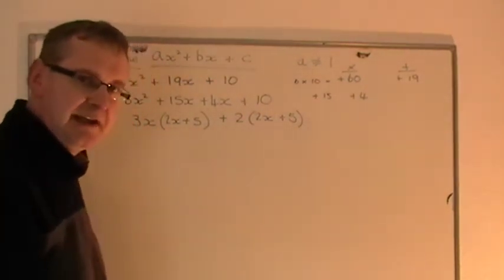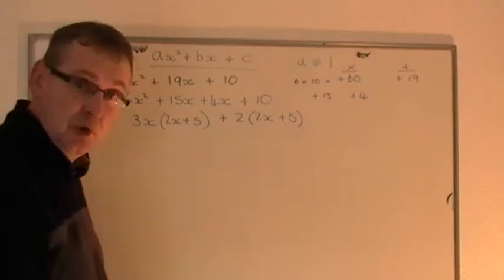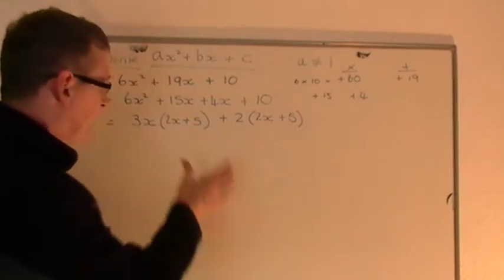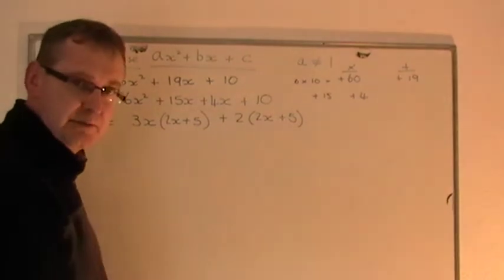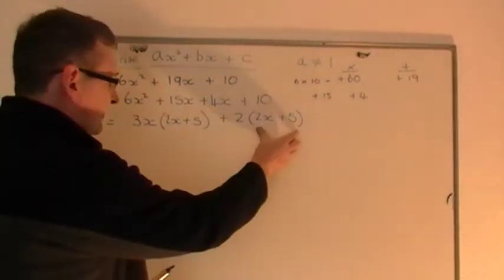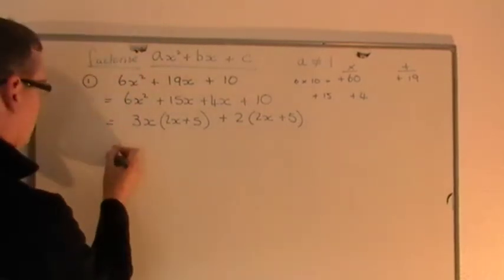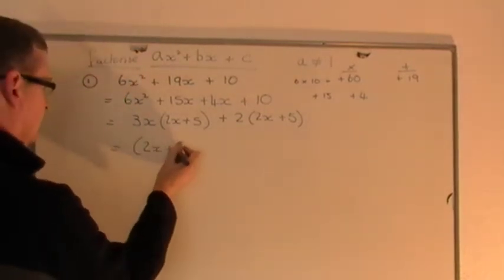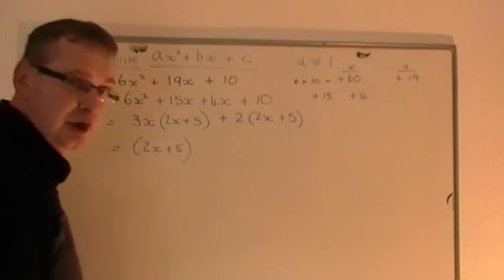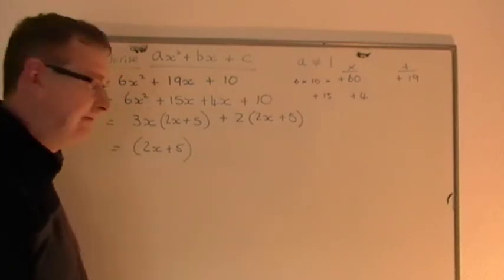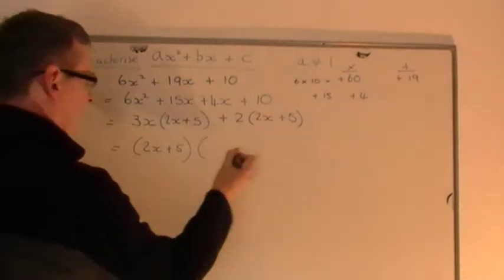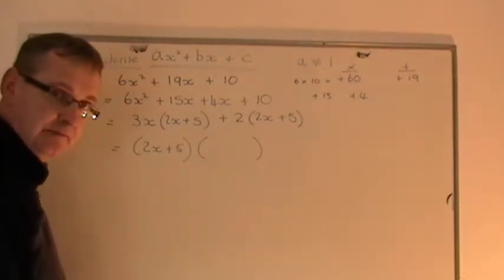So that bracket is now a new common factor for these two awkward terms. So the 2x plus 5 is itself a common factor. So I'm going to take out the 2x plus 5 as a new big common factor. And what's left will go inside a second bracket.